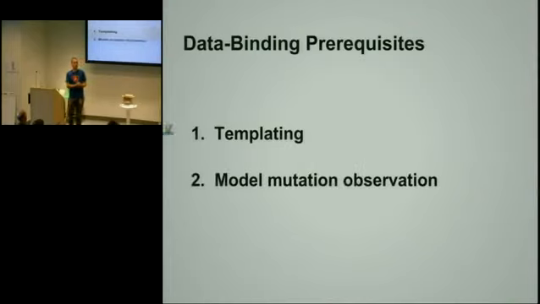And model mutation observation is how do you figure out that a model changed? And how do you react to this change to update the view? So these are the minimal requirements you need to implement data binding. And I'm going to talk about how we did this in Angular.